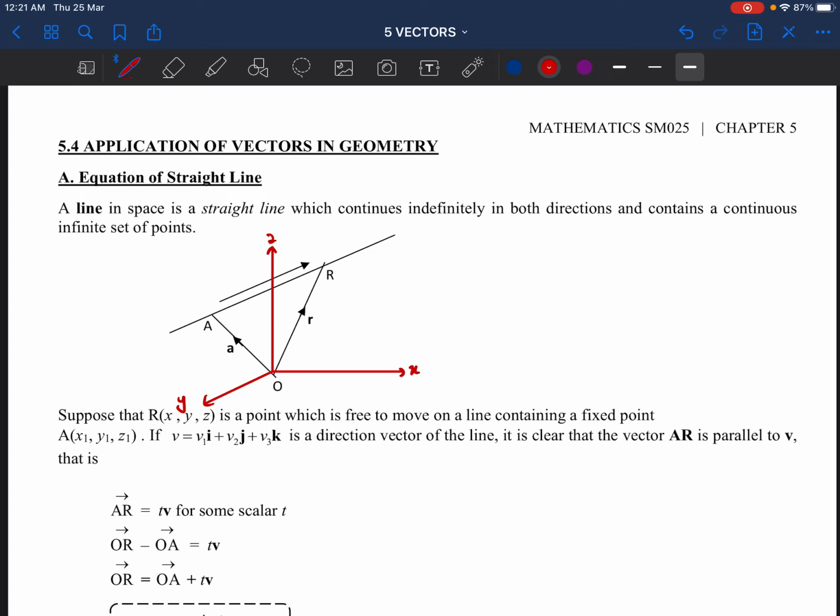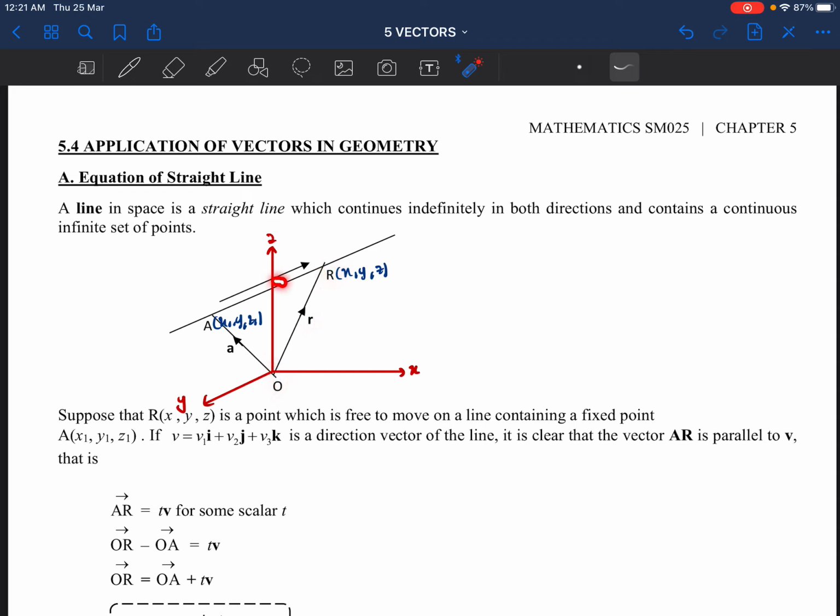Okay, so daripada kita punya origin ke point A, let's say point A kita letak sebagai x1, y1, z1. Point R pula ialah x, y, z. Daripada origin ke point A kita ialah vector A. Daripada origin ke point R ialah vector R.